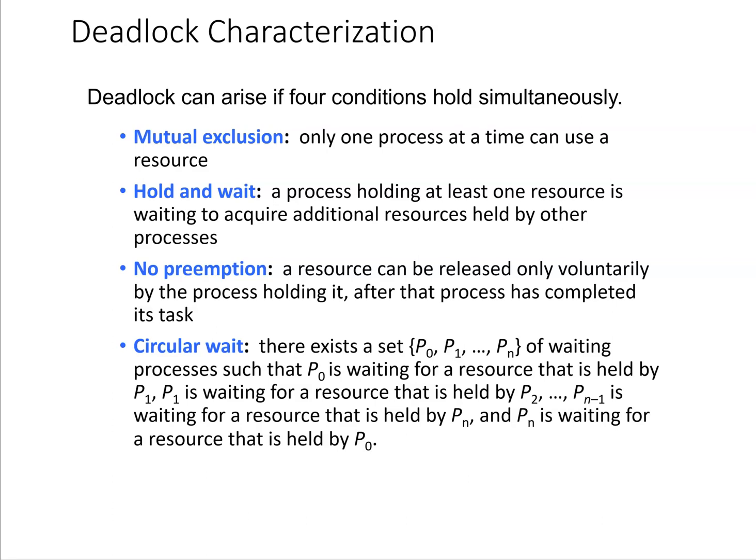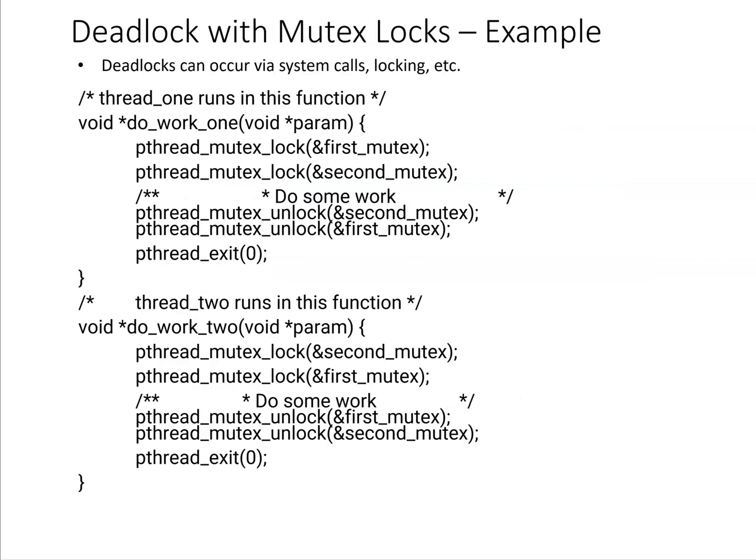Or a circular wait condition: there exists a set of processes P0 through Pn such that P0 is waiting for a resource held by P1, P1 by P2, and so forth, and then Pn would be waiting for a resource held by P0, which leaves us stuck.